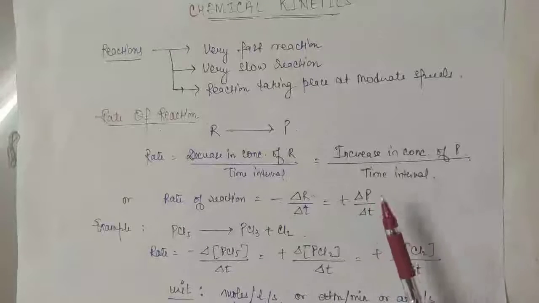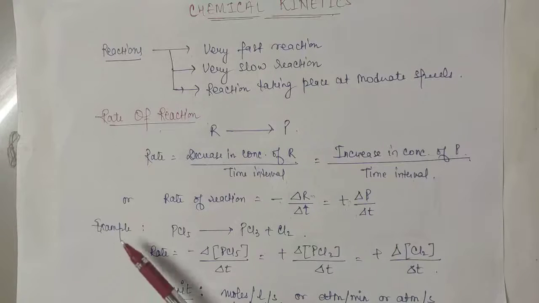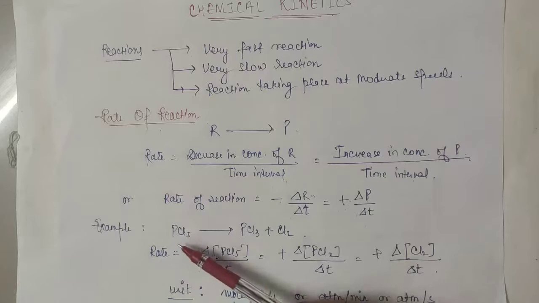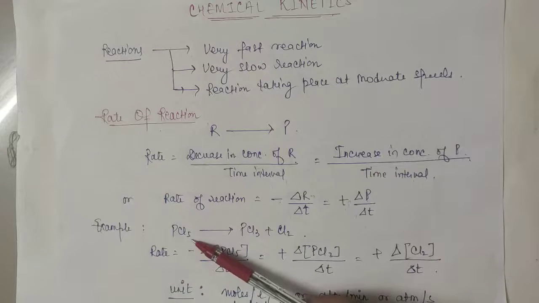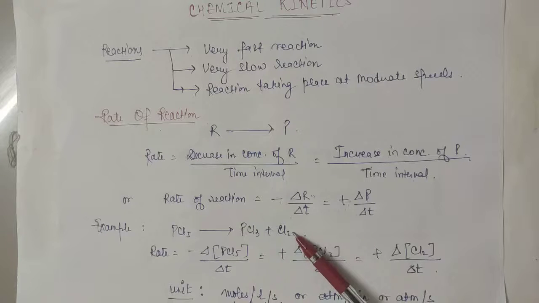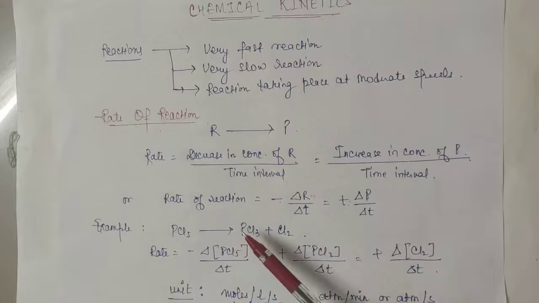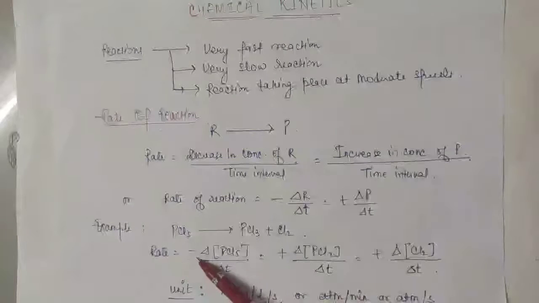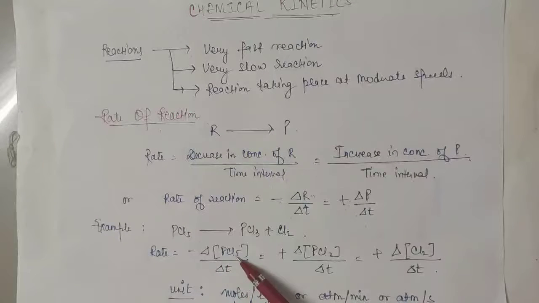Okay, now take an example of decomposition of phosphorus pentachloride into phosphorus trichloride and chlorine gas. If we want to write the rate of this reaction, we will write minus delta molar concentration of PCl5 upon delta T. We put a minus sign here.